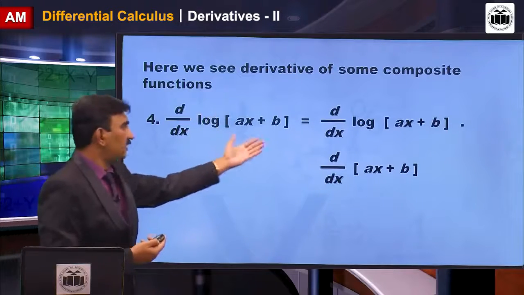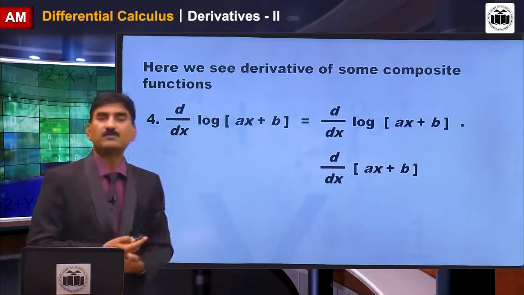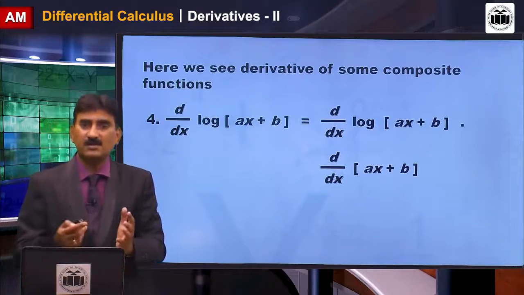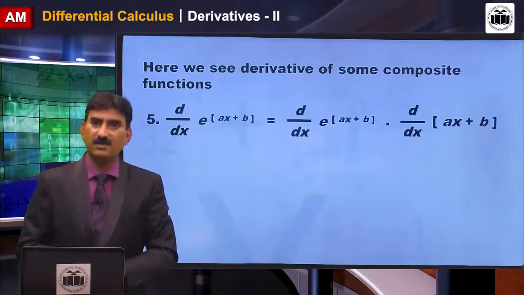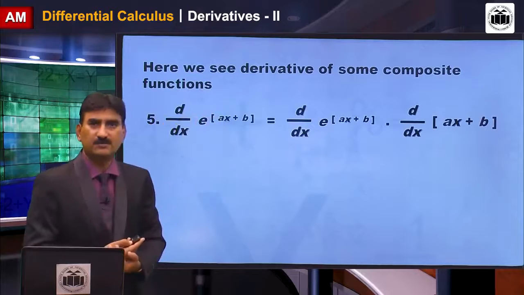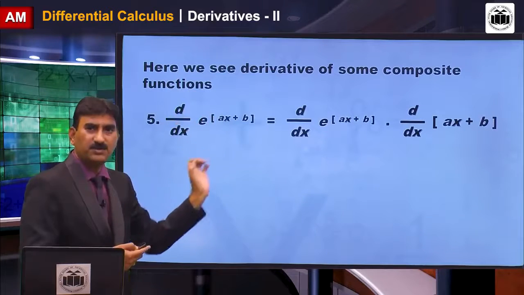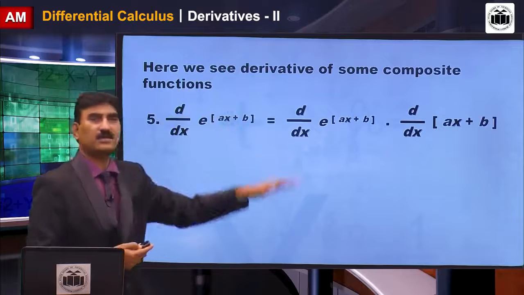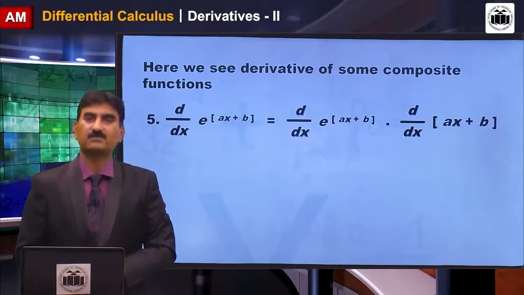First take the derivative of log of ax plus b, and then again take the derivative of ax plus b, and this is called the chain rule of differentiation. Again one example I explain here, d by dx of e raised to ax plus b. So first you take the derivative of this exponential function, and then you take the derivative of the algebraic function.